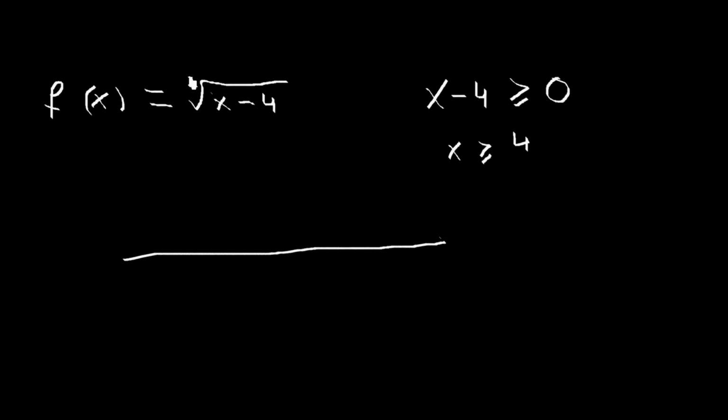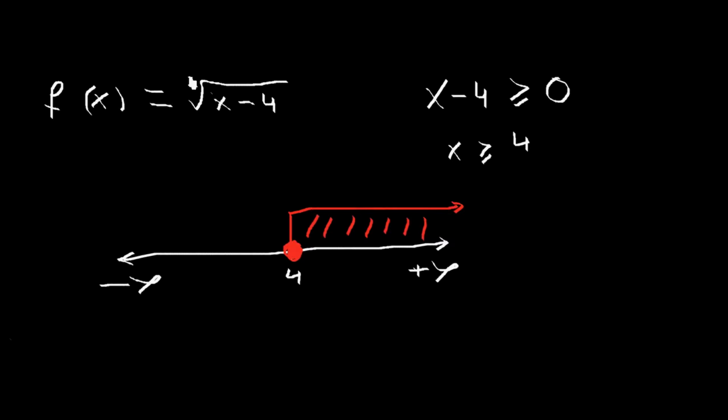To see that on an x-axis, I'm going to draw it. Let's say here is number 4. Now the circle should be complete, because it's greater than or equal to 4, so we have to include 4. Greater or equal is this area. This is an easy example.